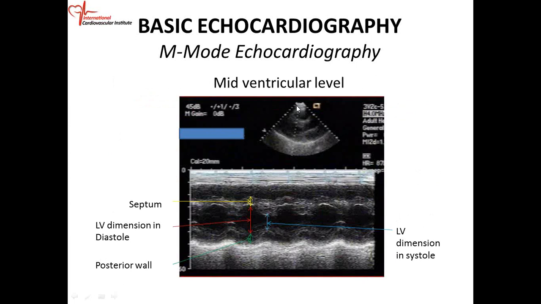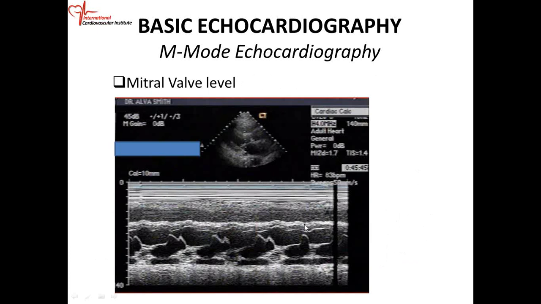At the onset of the QRS, you're going to measure the septum, the LV dimension in diastole, and the posterior wall. You're also going to measure the aortic root at the onset of the QRS. So the only two measurements that you're not going to measure at the onset of the QRS are the LV dimension in systole, where you see where the septum drops down to its lowest point and then drop a perpendicular, and the left atrial measurement.